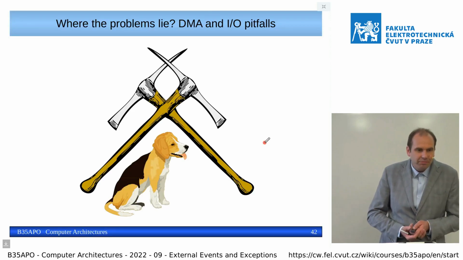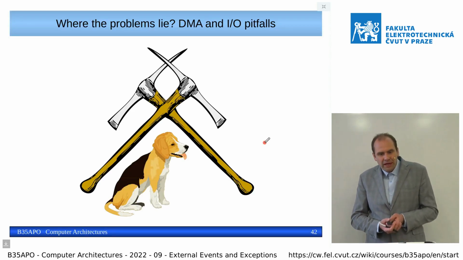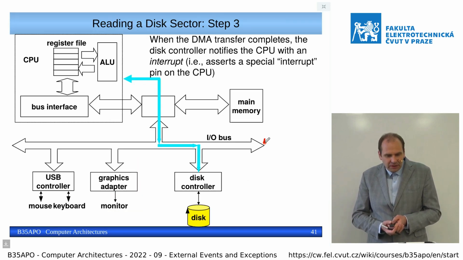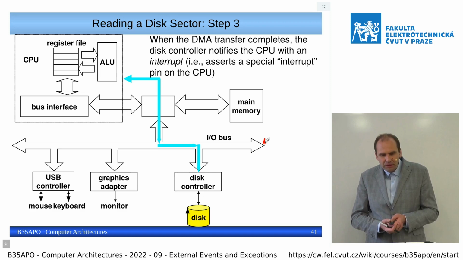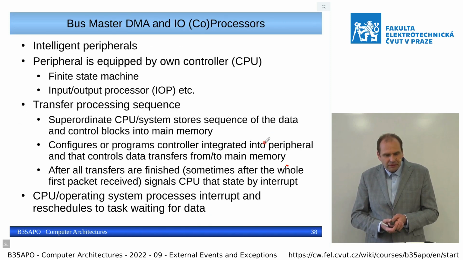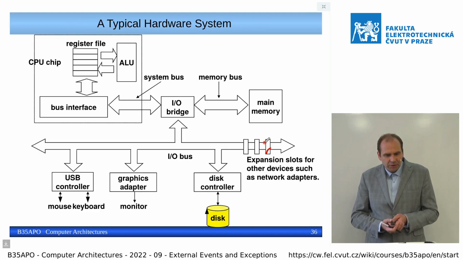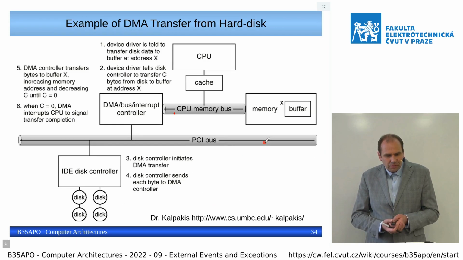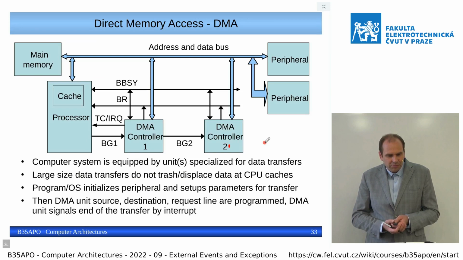But there are some big pitfalls. Do you see some real problem in this? We have spoken here about the communication and so on, but there is one significant problem. What do you see there as a problem?